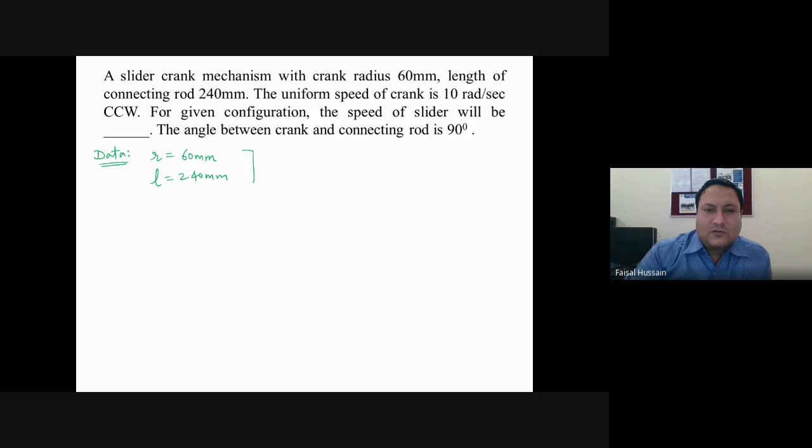So what is ratio n? L by R. So 240 divided by 60, 6 is cancelled, it will be 4.